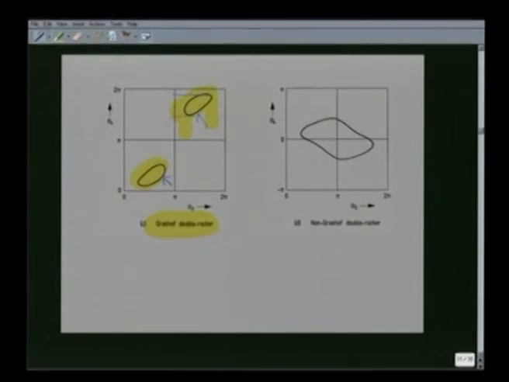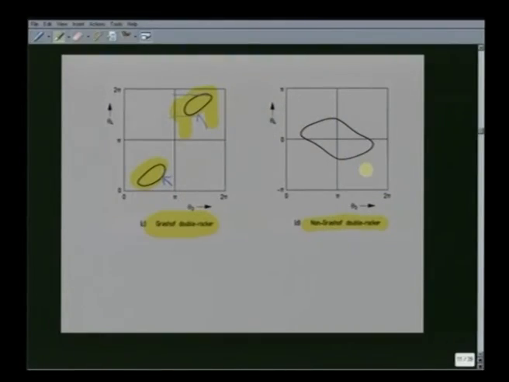Now, let us see what happens in a non-Grashof linkage. If it is a non-Grashof linkage, then it has to be a double rocker, and the theta 4 versus theta 2 plot for a non-Grashof double rocker looks like this. Here again, neither theta 2 nor theta 4 can make complete rotation.